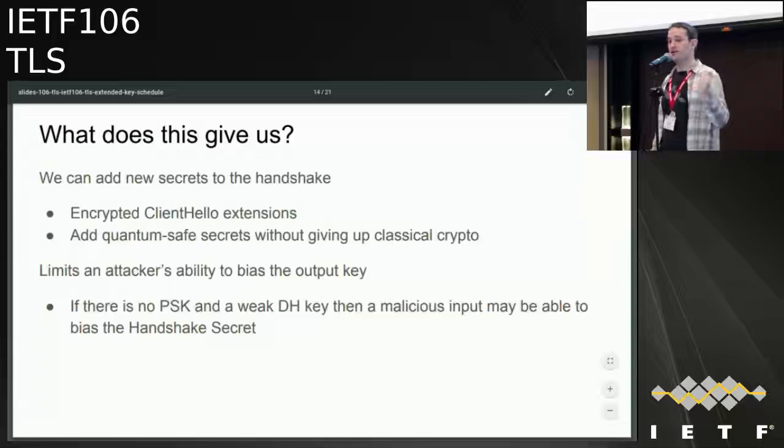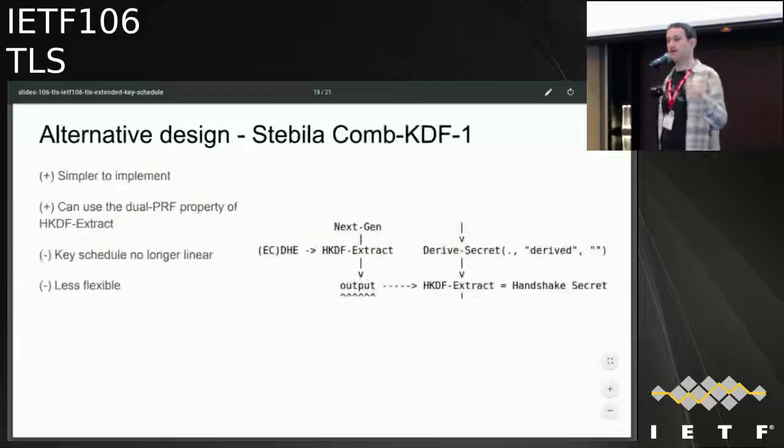Hugo pointed out that if there's no PSK and there's a weak Diffie-Hellman key, then a malicious input may be able to bias the handshake secret. But if all your secrets are weak or controlled by the attacker, do we really care? If we do really care, we can use this design.